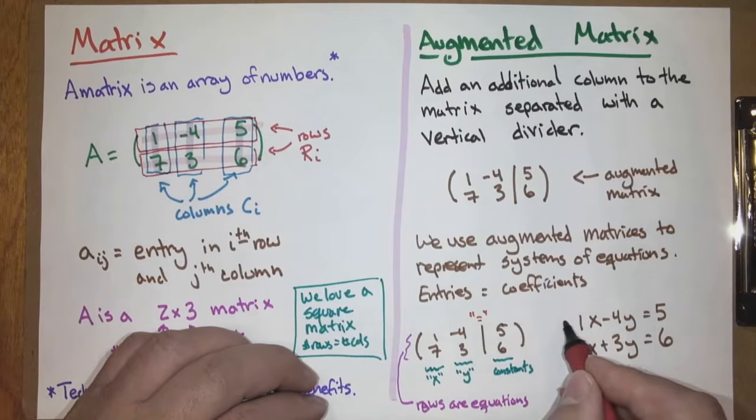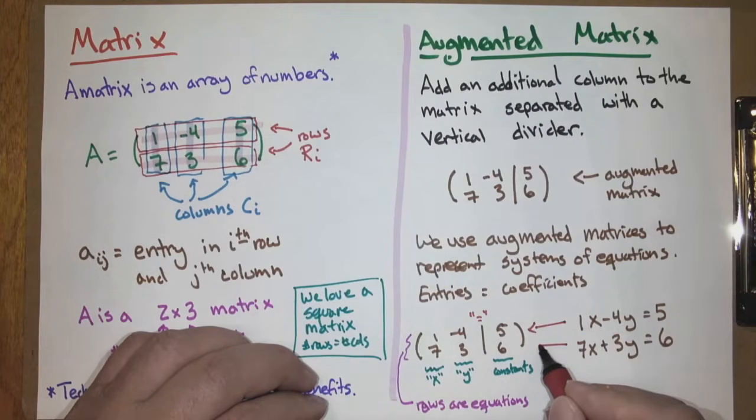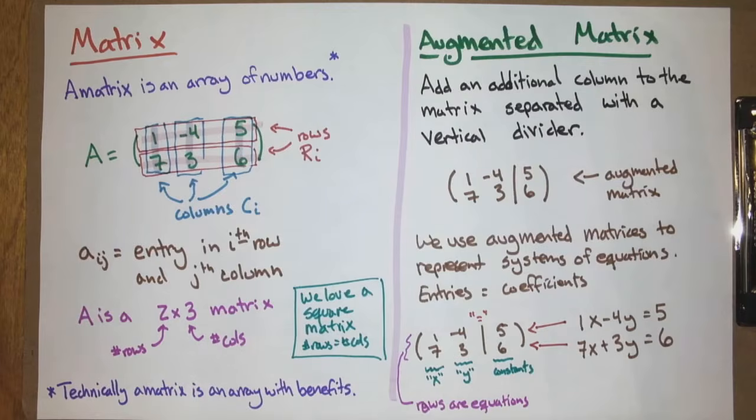Also, it's important to note that each row is an equation. So we're not just jumbling up randomly. Each row is an equation. Each column to the left of the dividing line corresponds with one of the unknowns we're trying to solve for. The column to the right of the dividing line is the right-hand side of constants.